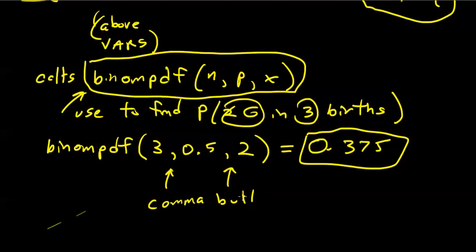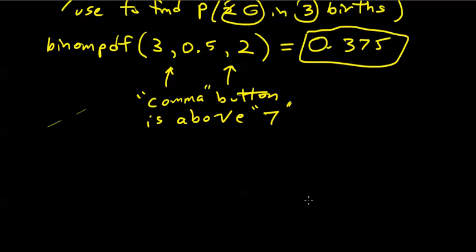The comma button is above the 7 button on your calculator keyboard. It's not at the second level, but it is the button directly above the 7 button on your keyboard. Okay? Alright, well, so we can do lots of things now.